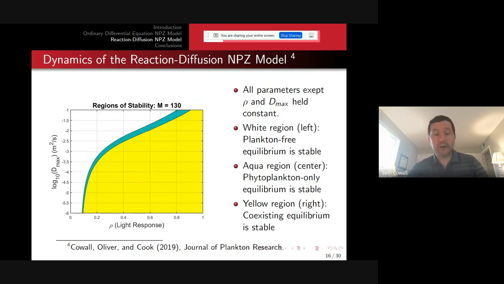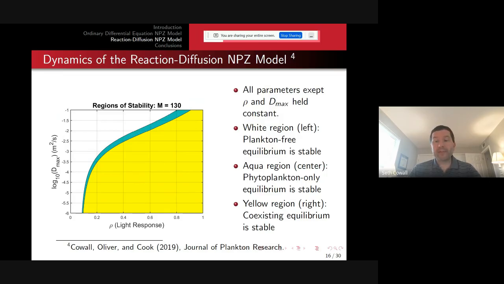But now, let's just say we can vary light response, and we can also vary, let's say, Dmax, which is the diffusion in the mixed layer.